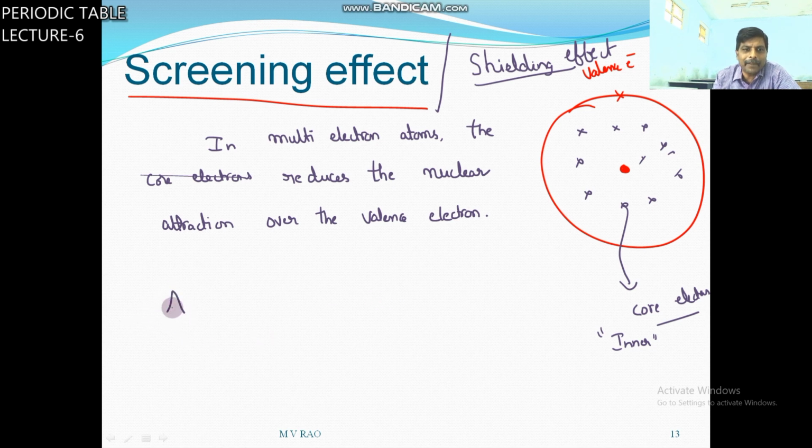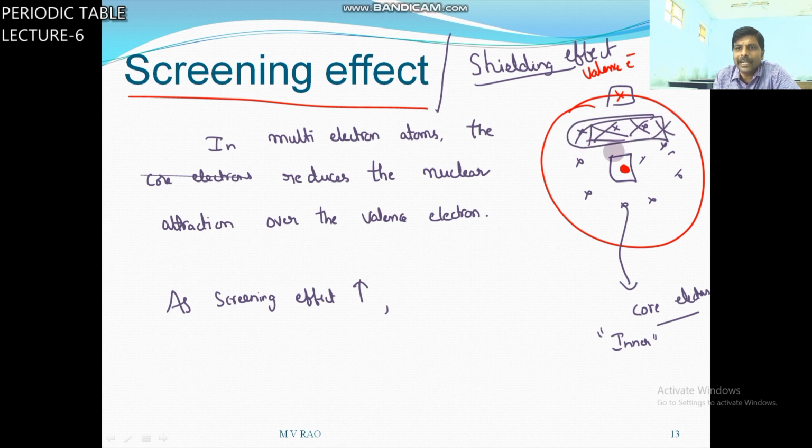As the screening effect increases, the nuclear attraction over the valence electron becomes less. That means the IP value is also less.